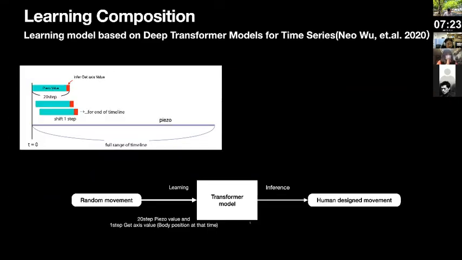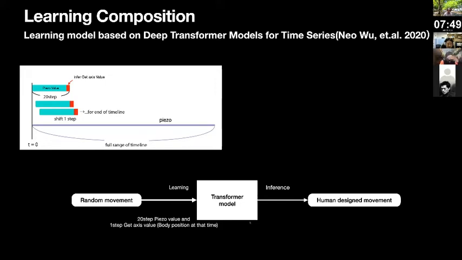For training the transformer, we input 48 piezo values from the whole body over 20 steps, and infer the last step's value of get axis. So we think it's like a pose at that timing.